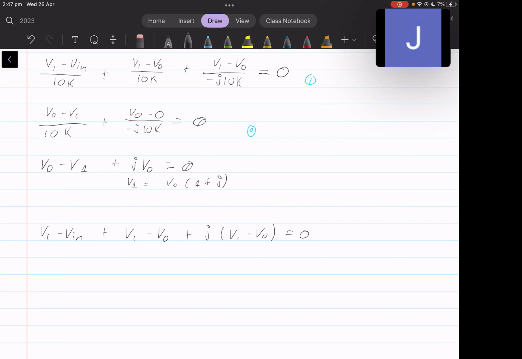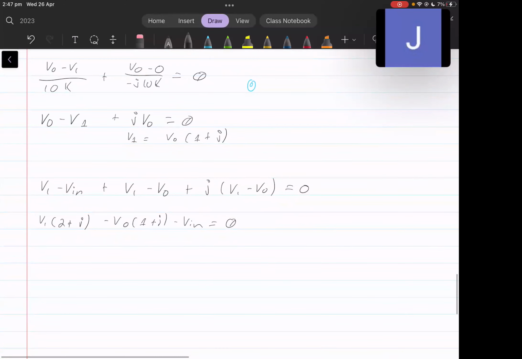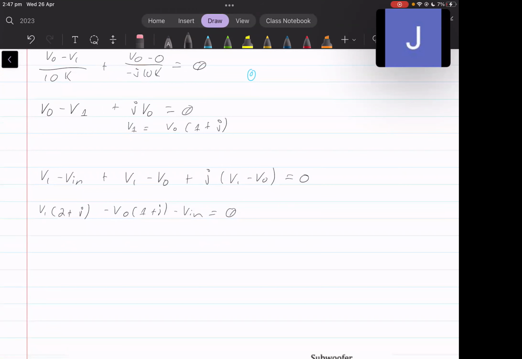So if we sub that in, 1 plus JV0, simplify that, then substituting all of that in.